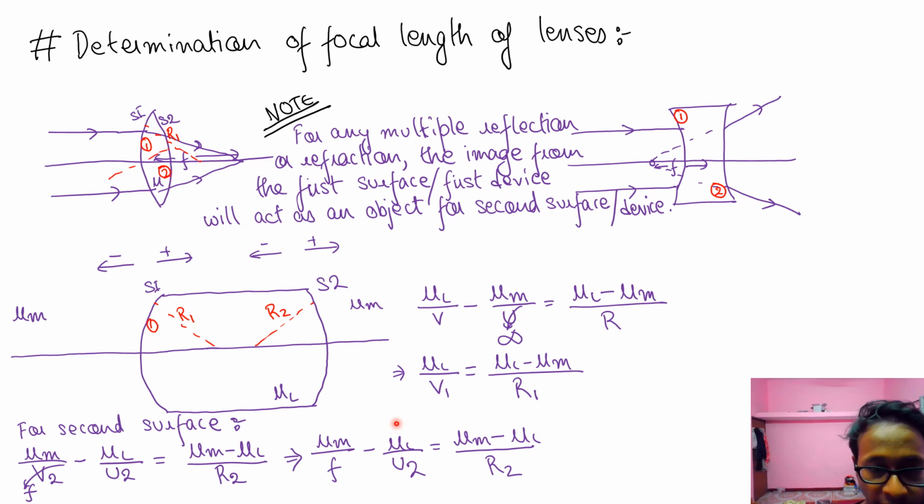Now the problem is, what is this mu l by u2? See, this u2 is nothing but v1. Why? Because the image from the first surface will act as an object for the second surface. So mu l by v1 is nothing but mu l by u2.